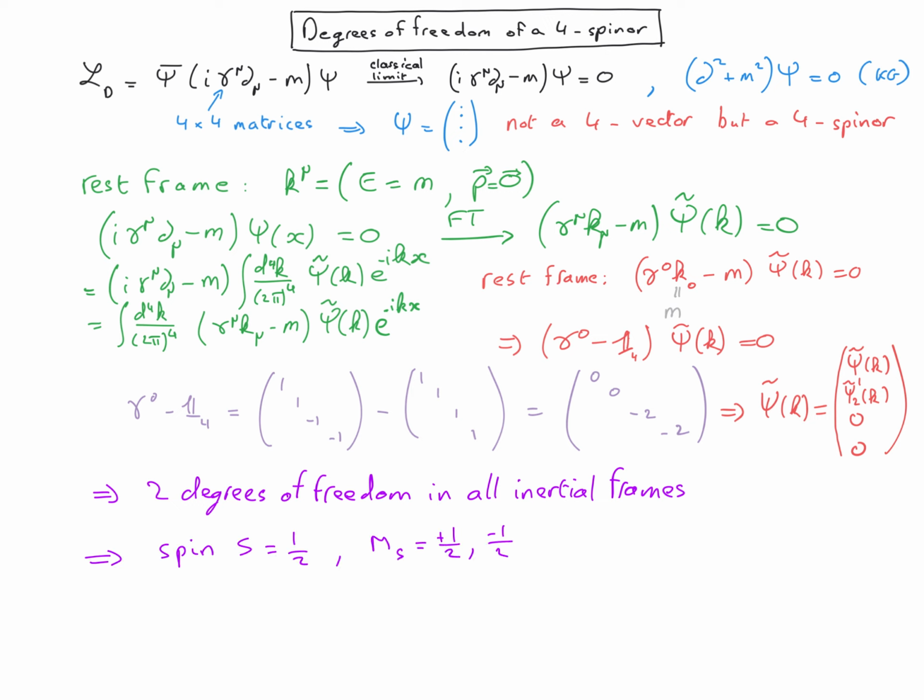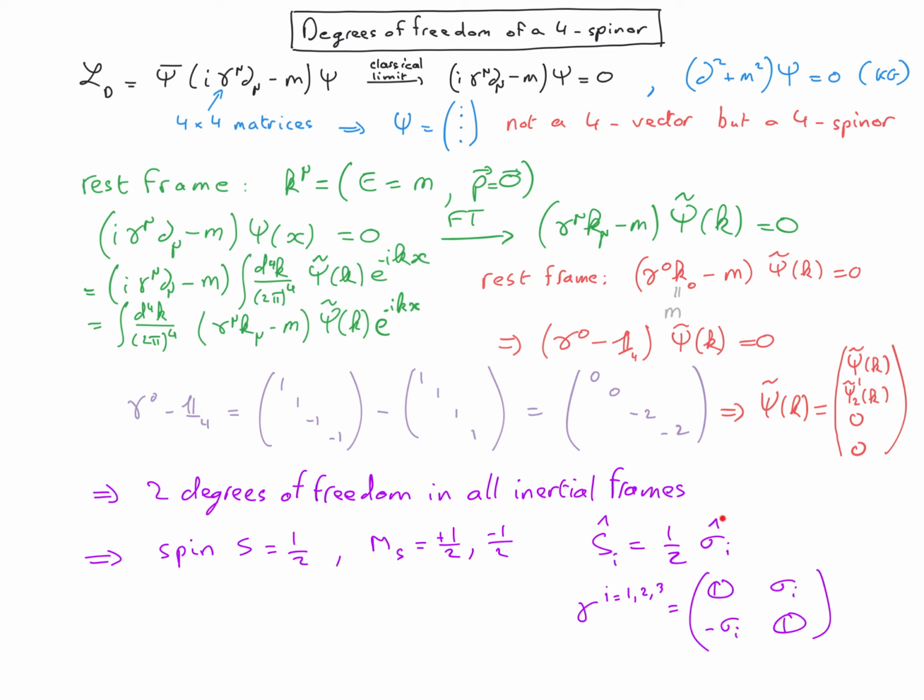Note that we already had an indication that the Dirac-Lagrangian and the Dirac equation will describe a spin 1/2 object. And that's because the spin operator for spin 1/2 is half of the Pauli matrix. And we saw that the gamma matrices are themselves functions of these Pauli matrices.